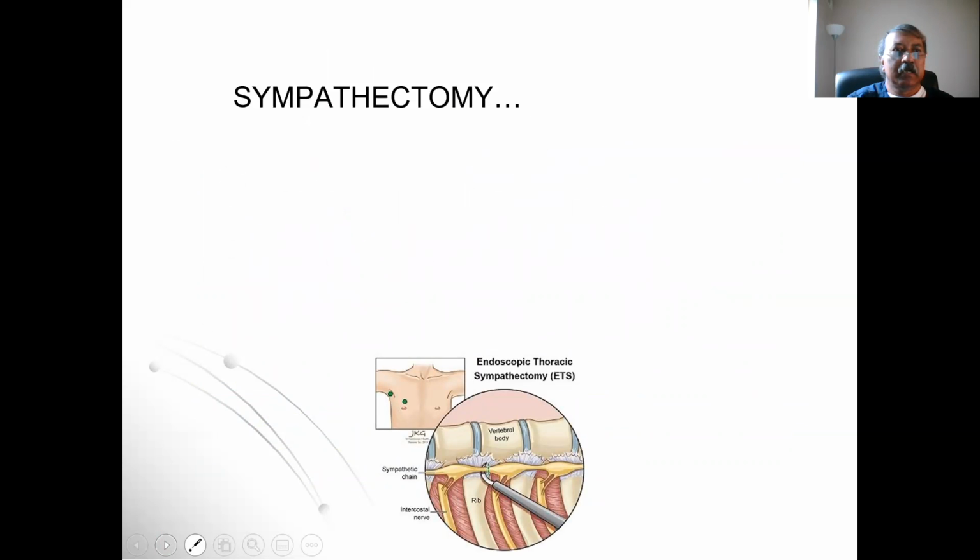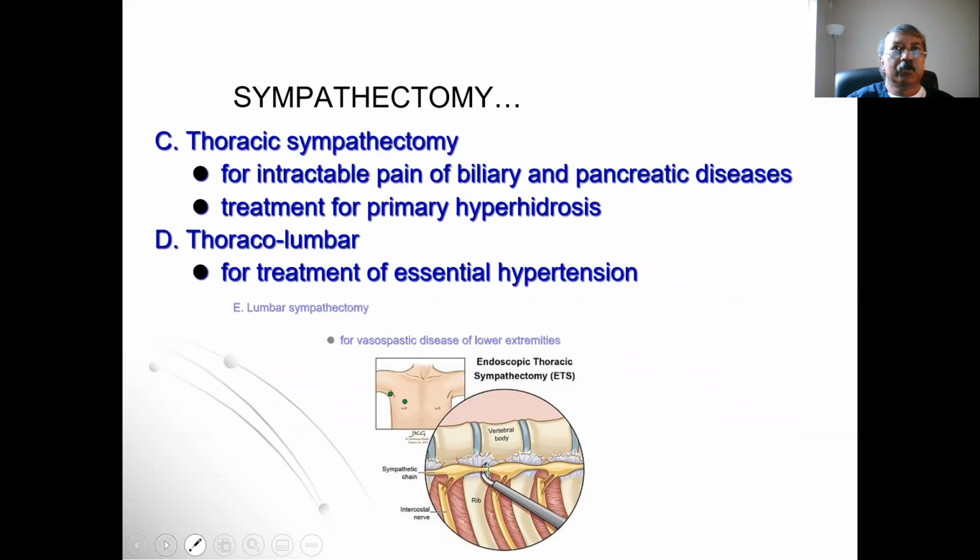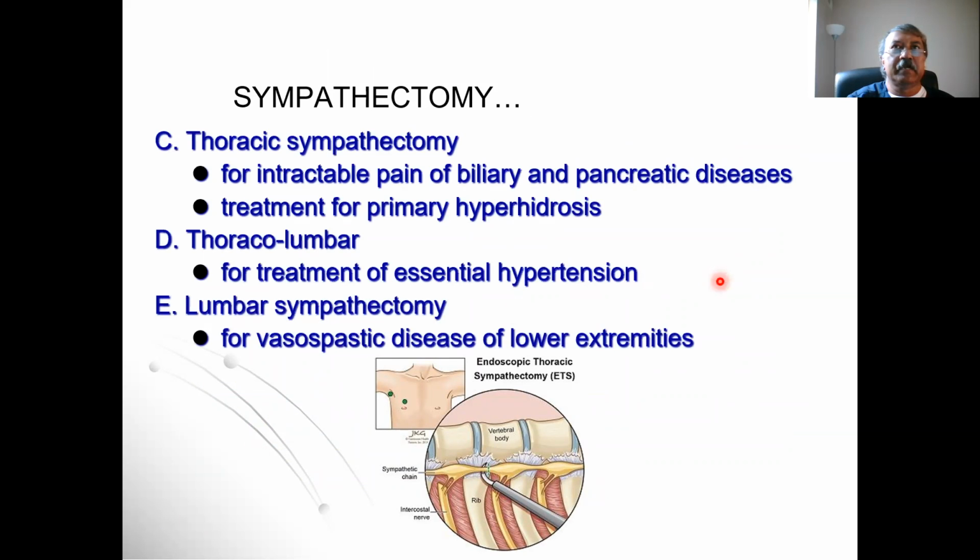Here is a thoracic sympathectomy that we have seen. The ganglia that run around the vertebral body are identified in order to treat pain regarding the biliary system or pancreatic disease, sometimes for hyperhidrosis, that is excessive sweating, excessive perspiration.